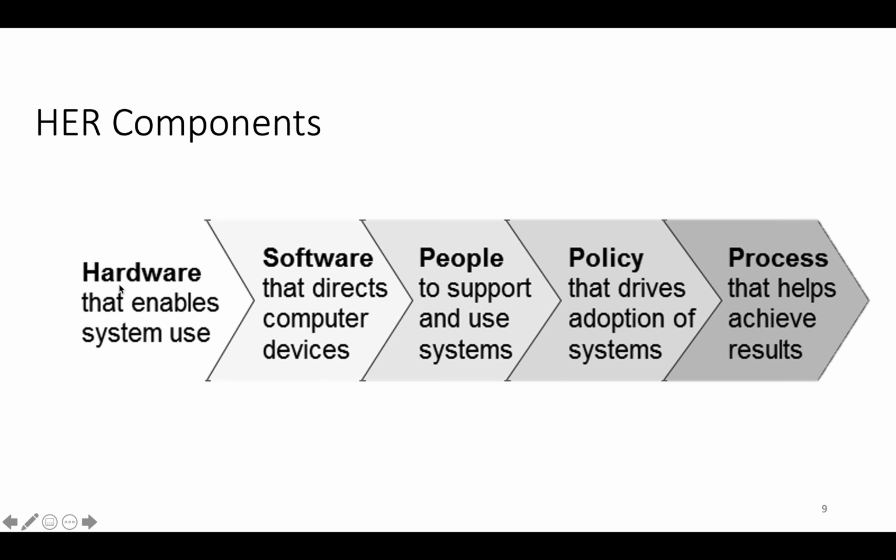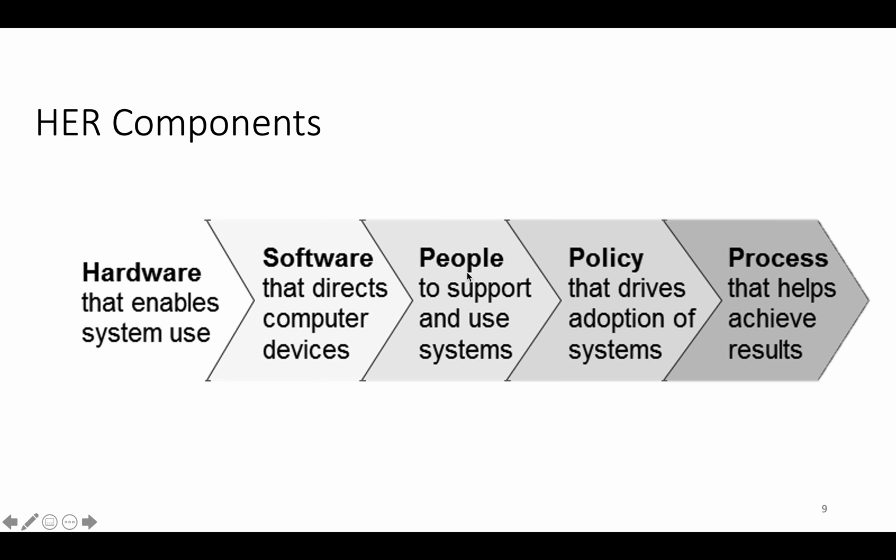This is not the only component. This is the main point of this slide. Hardware and software are really part of the system. By themselves only, you cannot really say that you have EHR working. You need to get people involved.